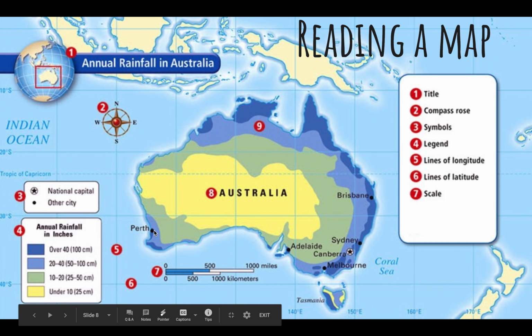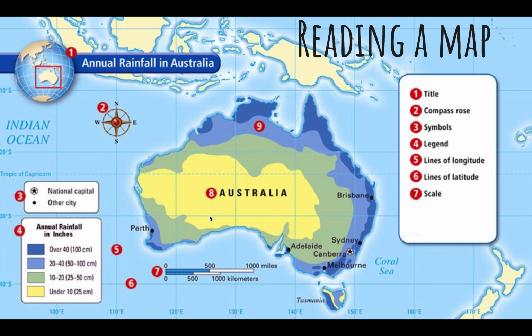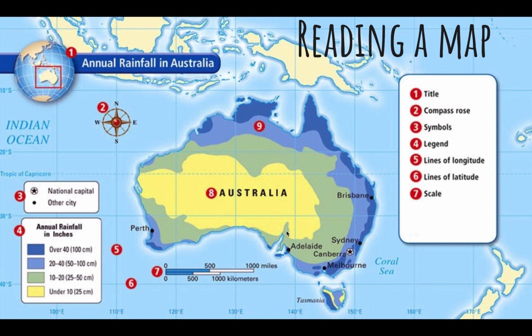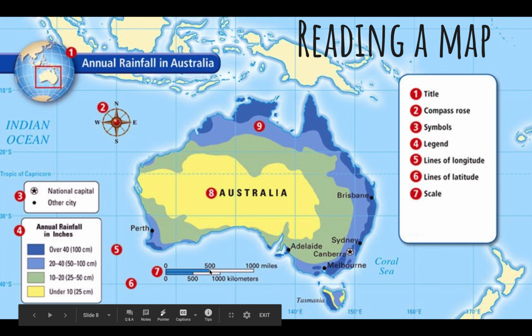So if from here to here equals roughly 500 kilometers, right? And then from here to here is another 500, and another 500, and another 500. So using this key, we can tell the distance between one location and another. So in kilometers, this is probably 1,000, 2,000, probably a little over 2,000 kilometers from Perth to Adelaide. And I can find that using the scale.